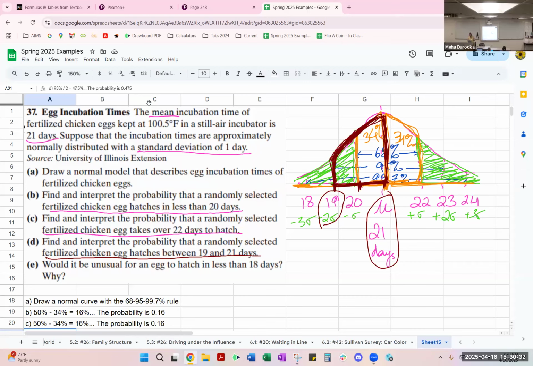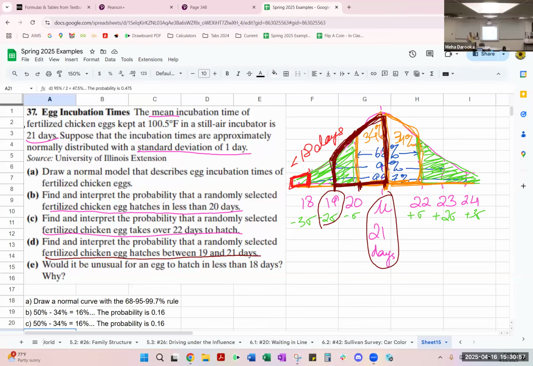days? So when we're talking about less than 18 days, we're talking to the left-hand side of the 3 standard deviations below the mean. We're talking about this little tail over here, which is less than 18 days.